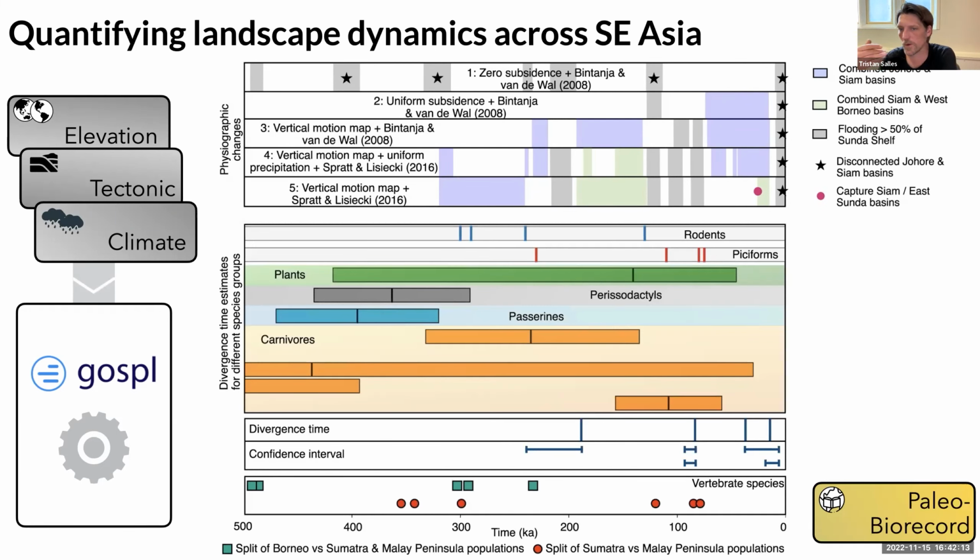As a first order, you can compare that with the evolution of different species, and see whether it correlates with some of these large-scale dynamic landscape changes.